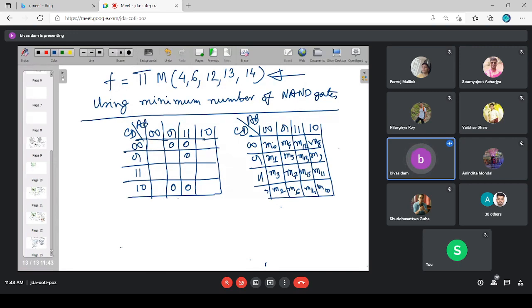Whereas in SOP, you find the product terms corresponding to each prime implicant, because those consisted of logic 1 values. Here the prime implicants will consist of logic 0 values. That's the only difference. The rule and everything will remain the same.